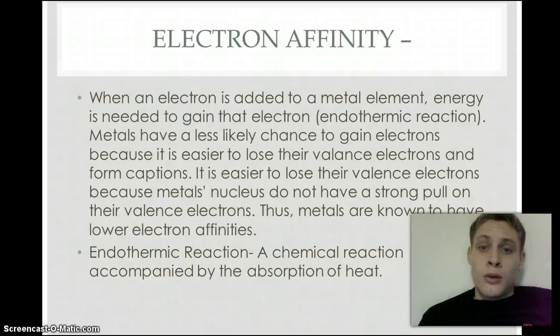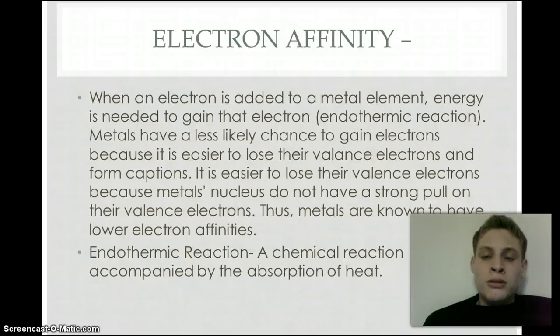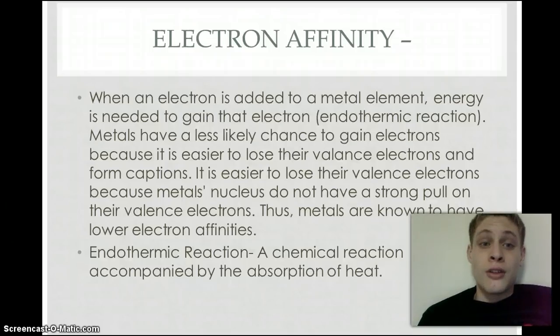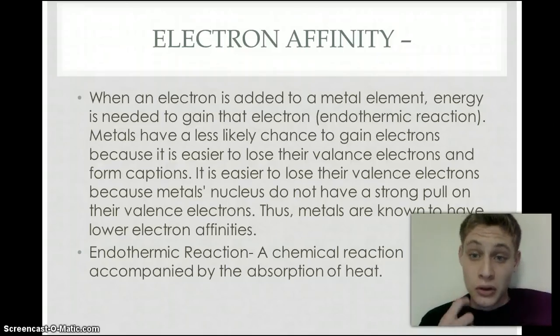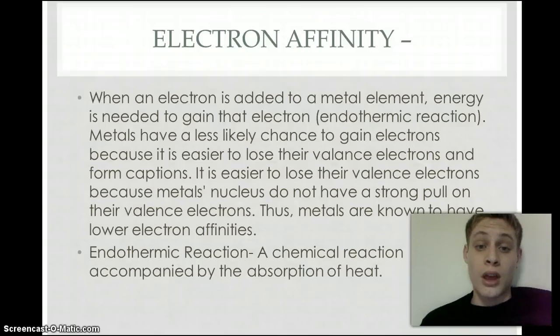When an electron is added to a metal element, energy is needed to gain that electron. Endothermic reaction. Metals have a less likely chance to gain electrons because it is easier to lose their valence electrons and form cations. It is easier to lose their valence electrons because the metal's nucleus does not have a strong pull on them. Thus, metals are known to have lower electron affinities.